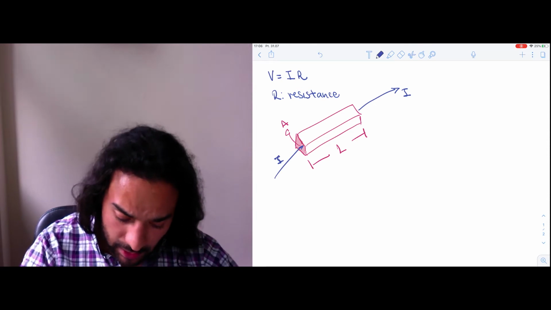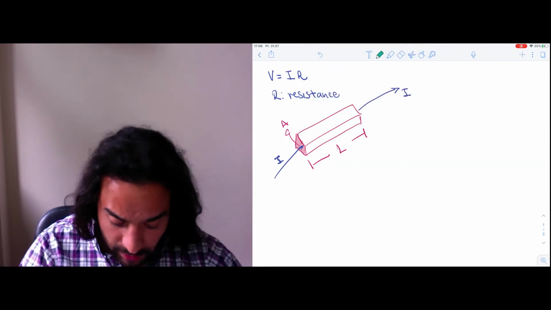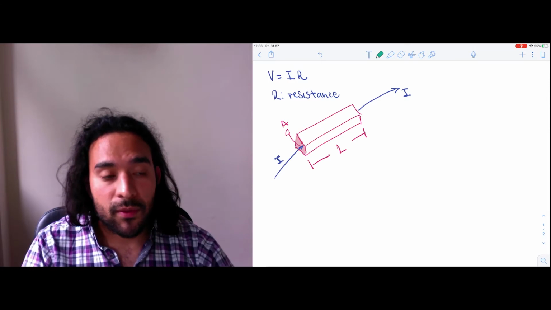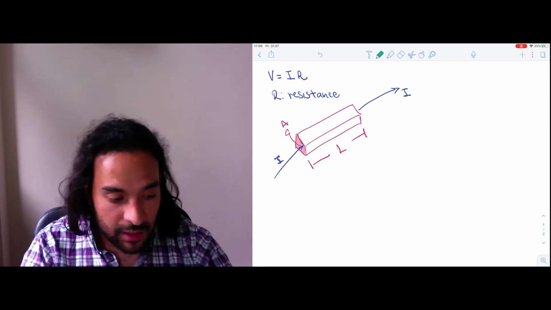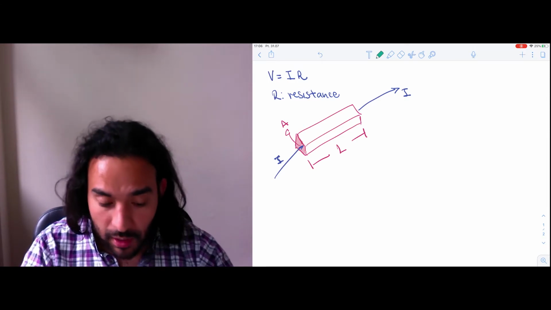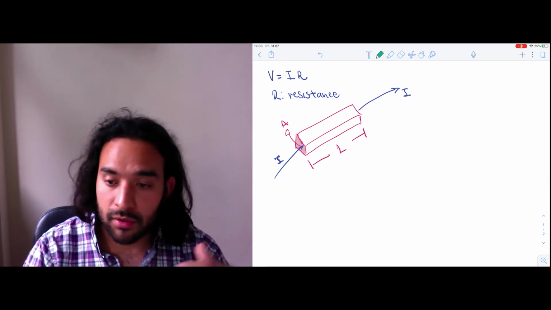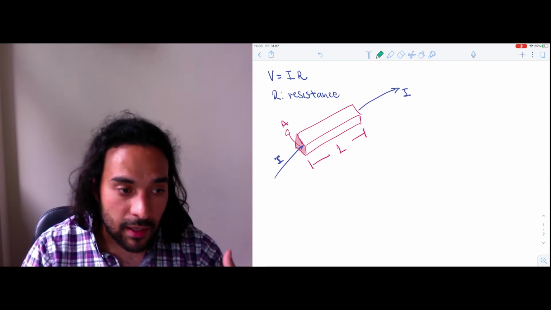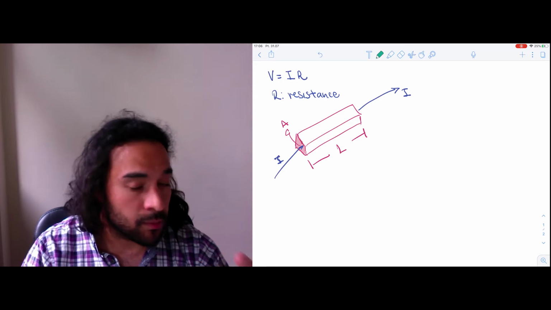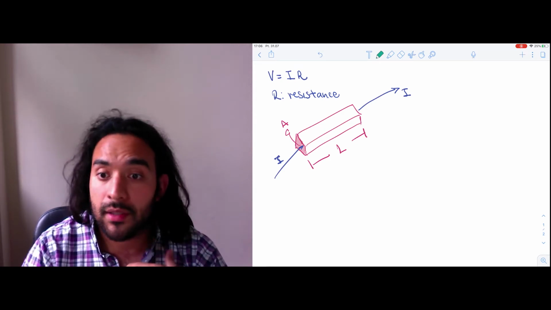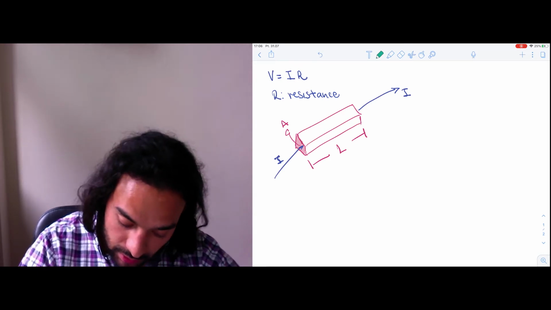So what's happening inside? Well, this material is made of atoms, and in these atoms there are electrons. Whenever we have electrons that can move around and we expose them to some current, they start to move, right?